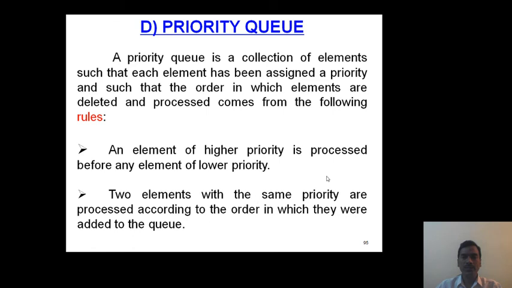Rule 2: if two or more elements have the same priority, then they are processed according to the order in which they were added into the queue. Based on these rules, element insertions and deletions are possible in a priority queue. So these are the four types of queues.